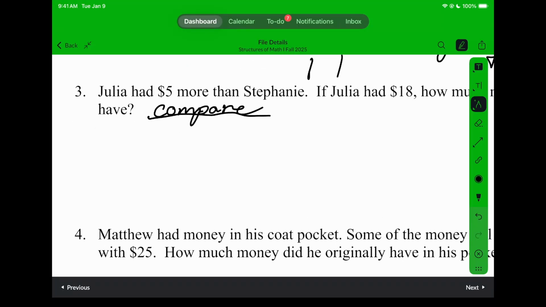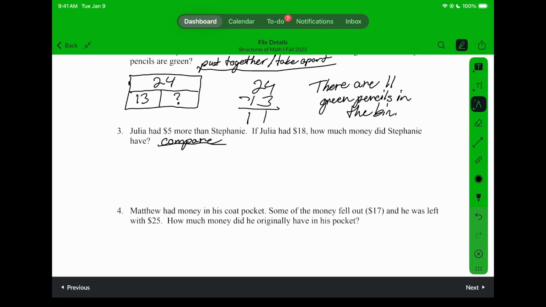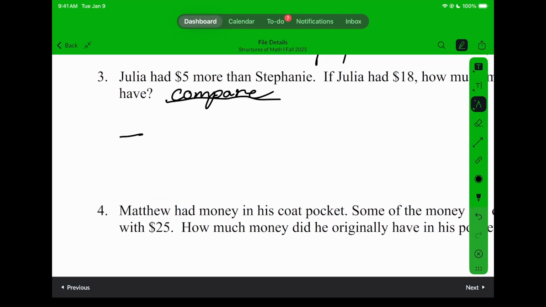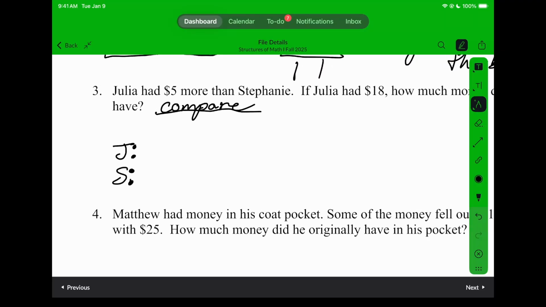Now we need our strip diagram. Compare. Can't really do what we've been doing. So we're going to have Julia, and we're going to have Stephanie. Now Julia has $5 more than Stephanie. So Julia's box is going to be larger than Stephanie's because she has more money.